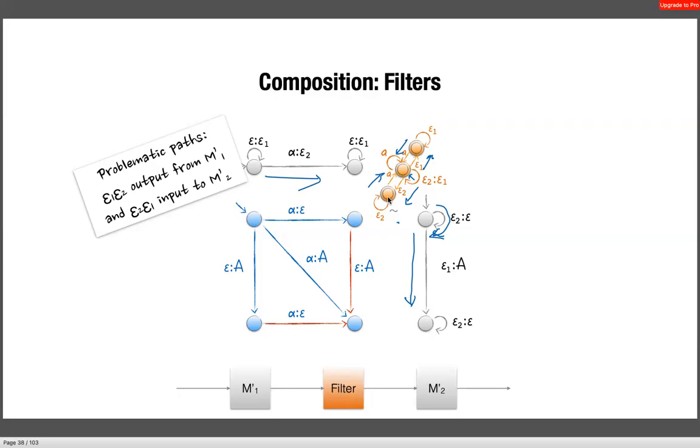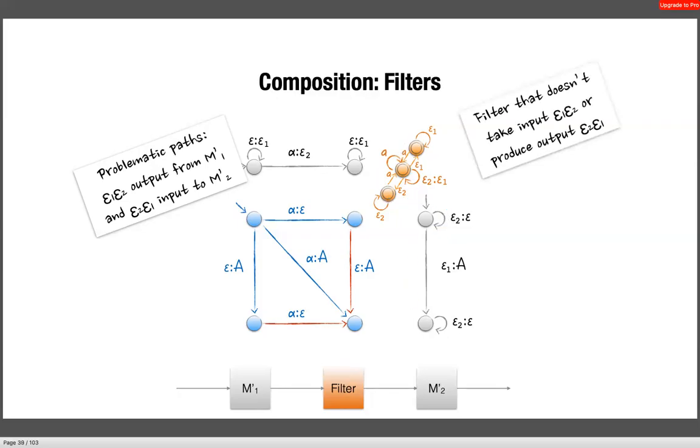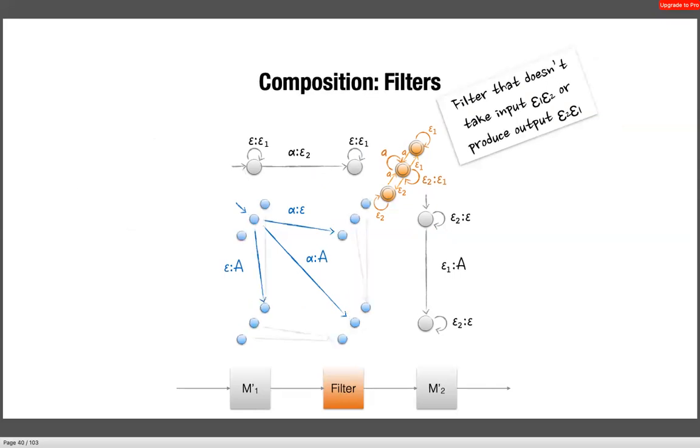Now, if I compose these three machines, with a filter which explicitly doesn't take an input epsilon 1, epsilon 2, and doesn't produce an output epsilon 2, epsilon 1, then this is my resulting machine. I have lots of these states, and every state in this composed machine is a tuple of three states: a state in machine M1 prime, a state in the filter, and a state in the machine M2 prime.